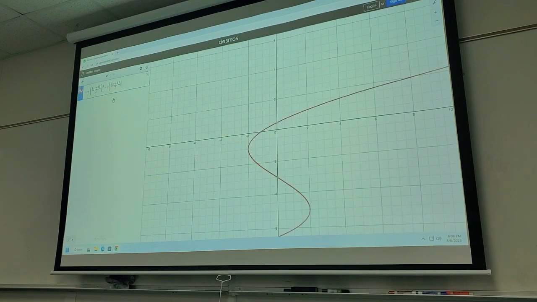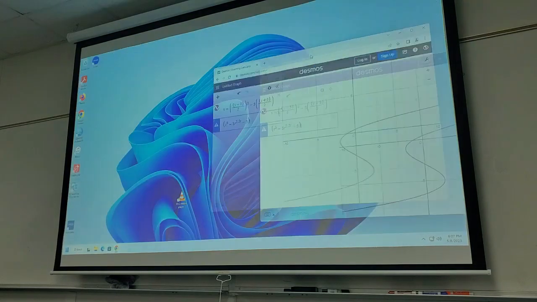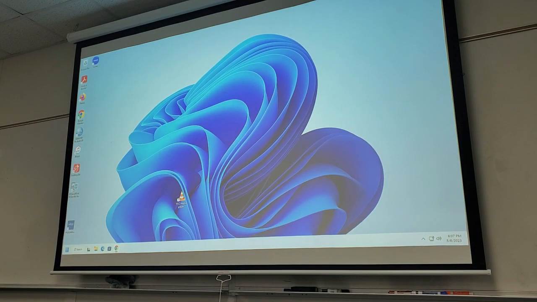Oh, I can't do it that way. I gotta remember how to do this. Okay, so to do parametric equations, you make one point. The x piece will be the x definition, t cubed minus 3t squared, comma, 2t minus 3. Oh, that's awesome. I love this so much. Okay, there we go.